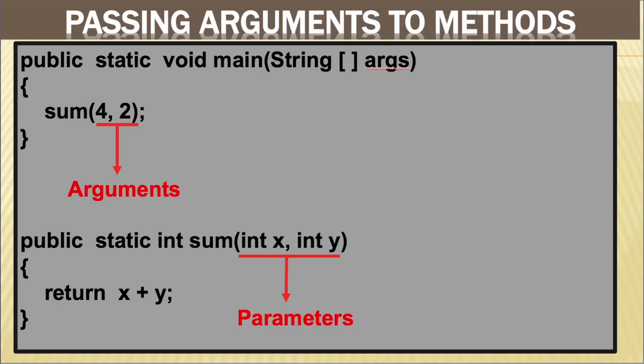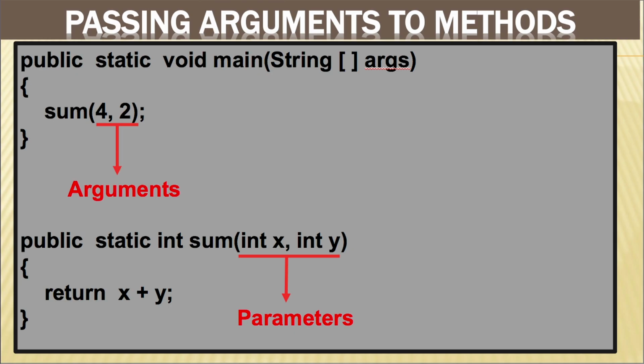You can see this example. We have the main method. Inside public static void main, we are passing two arguments, 4 and 2, to the function sum. In the second half of this slide, public static int sum, we have int x and int y as two arguments.